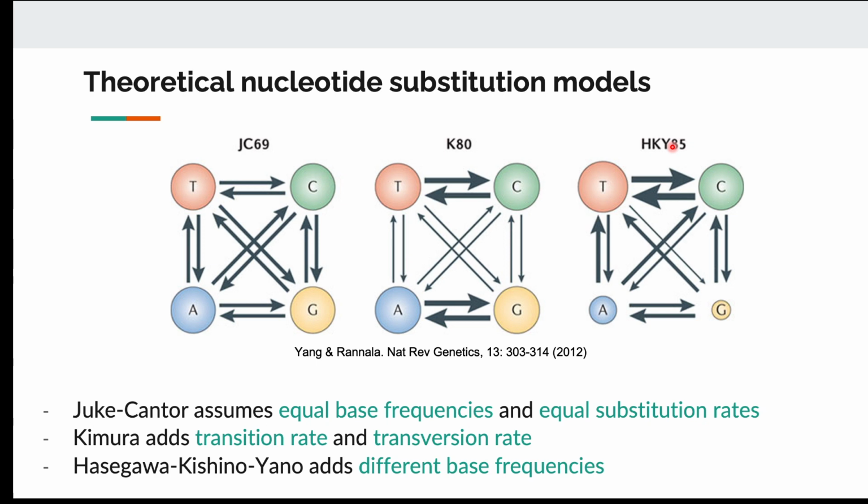So mathematicians and statisticians started to think, what kind of probability model should we use to describe mutation? Back in 1969, the first model, if you even want to call it a model, is that everything is equally likely. So we assume that the frequency of nucleotides in the genome is equal, all one quarter.